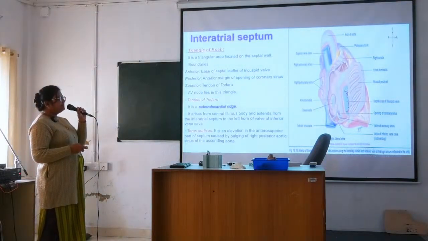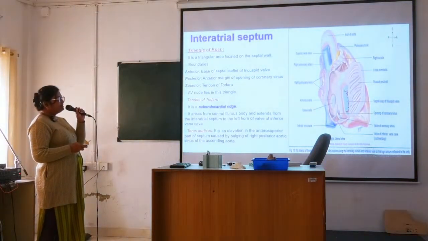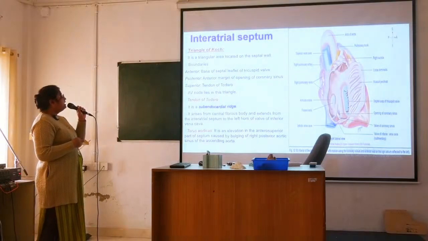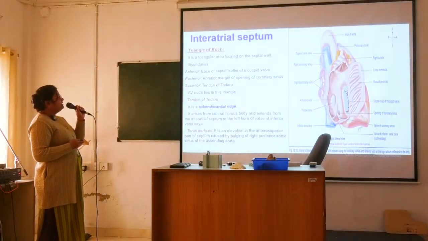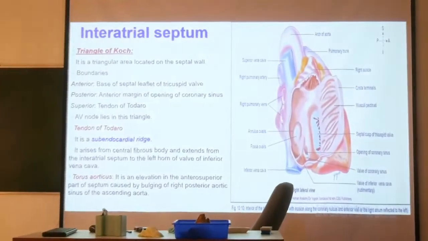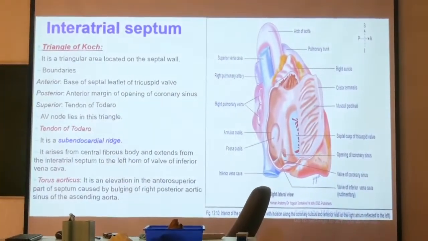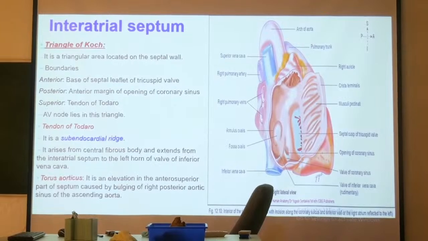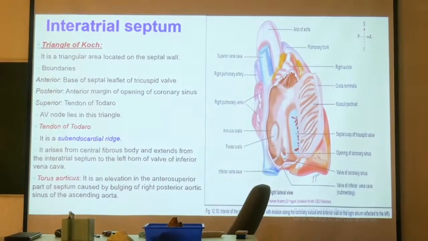Here is the anterior boundary, the septal leaflet of the tricuspid valve. And posteriorly, the anterior margin of the opening of the coronary sinus here, and superiorly the tendon of Todaro. Here is the tendon of Todaro.